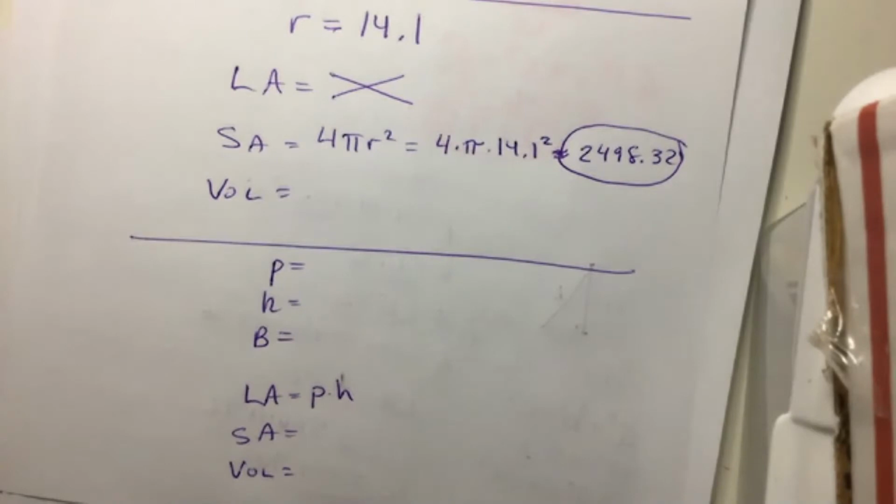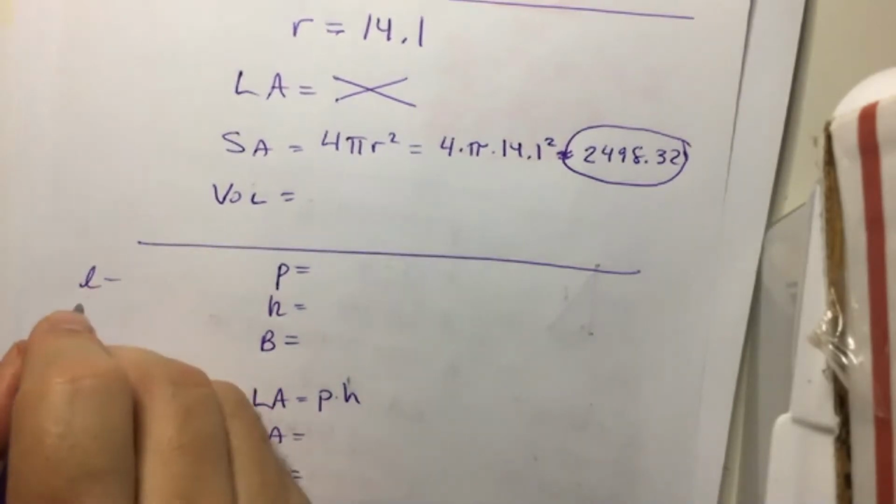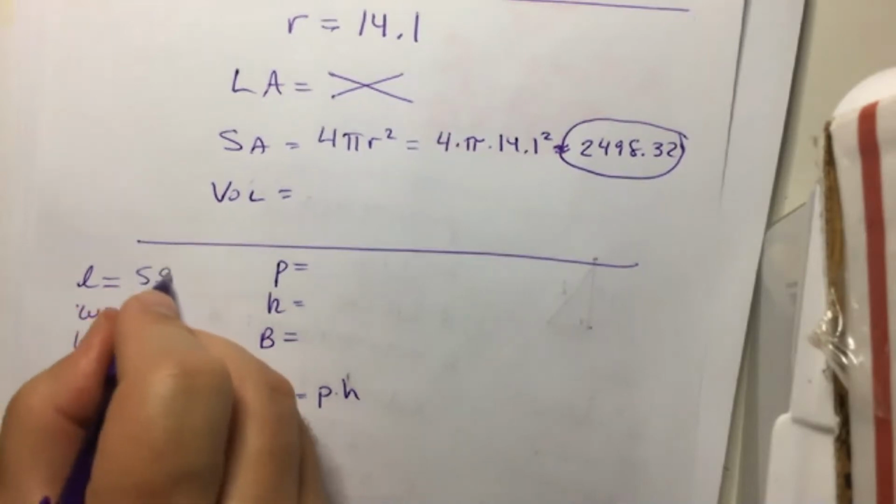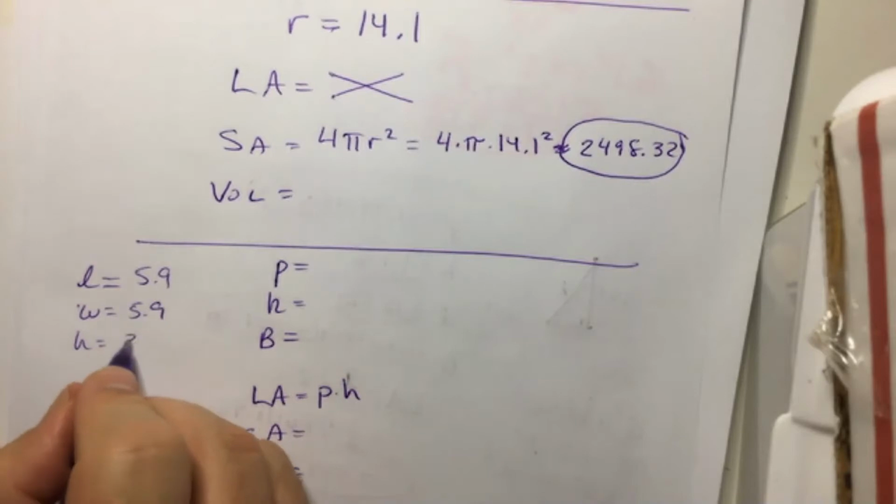So in your problem, how do we find the perimeter? I don't see the numbers, so you're going to have to tell me. What was 5.9? Tell me the three dimensions they give you. 5.9 as length, 5.9 as width, and 3.8 as height. Oh, interesting.